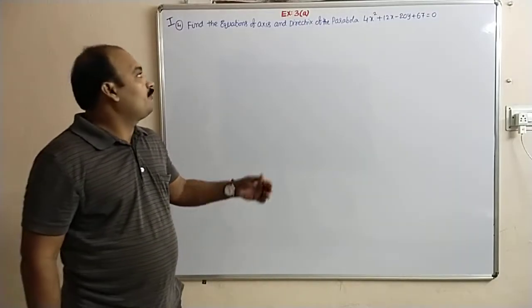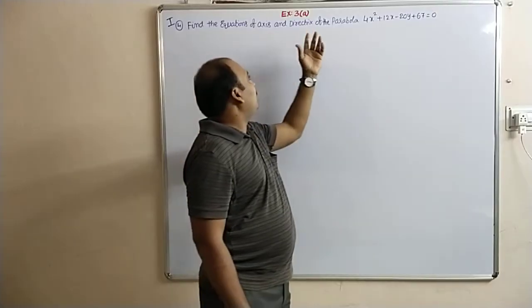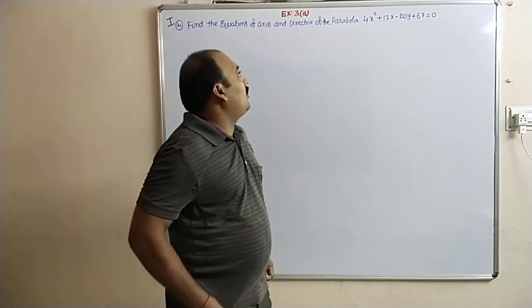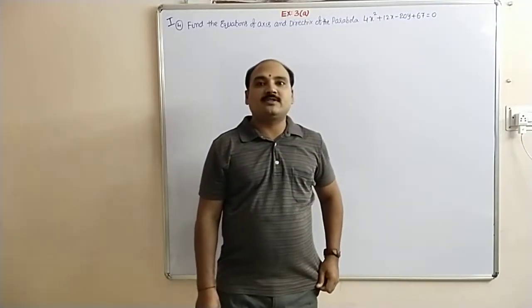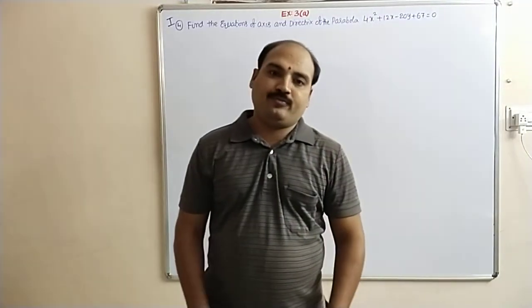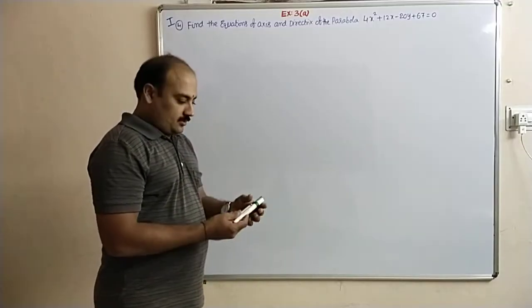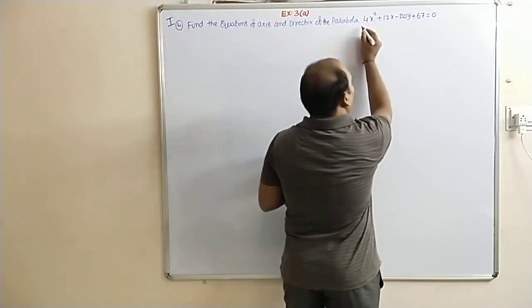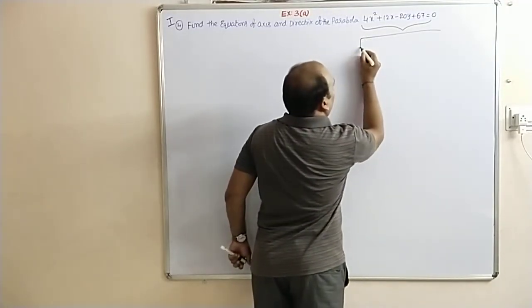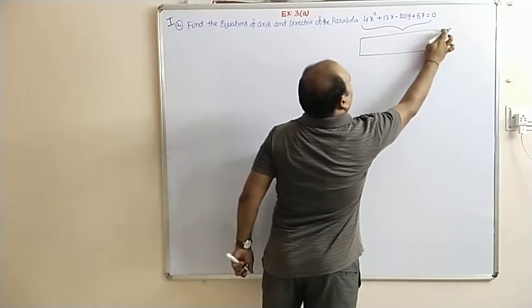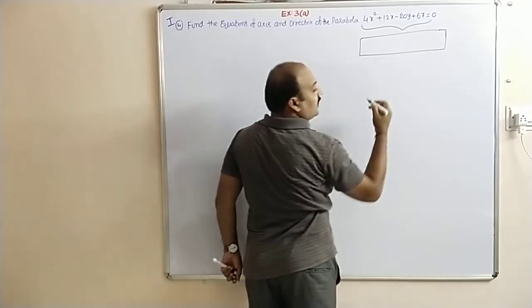The next question. Find the equations of axis and directrix of the parabola 4x square plus 12x minus 20y plus 67 equal to 0. See, first the given equation of parabola can be converted into the form of, here 4x square is there, so quadratic term for x.